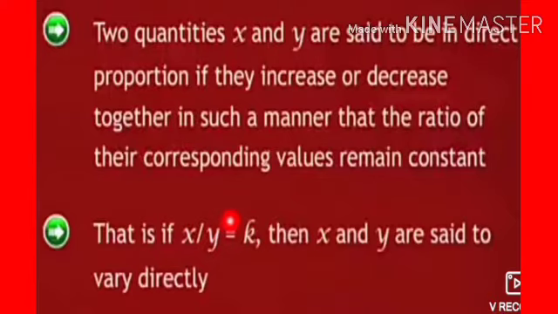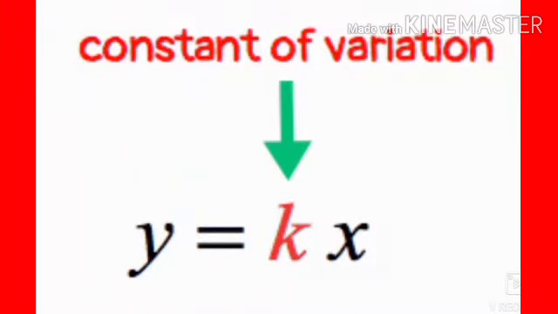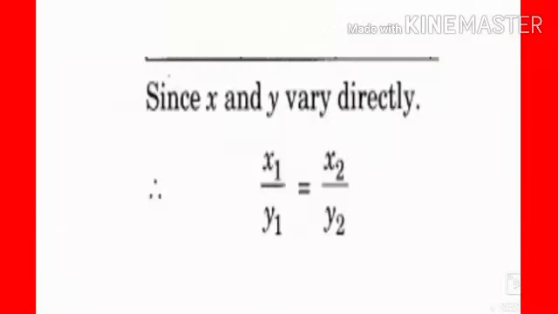That is, if x by y is equal to k, then x and y are said to vary directly, where k is a constant of variation, and the condition of x and y in direct proportion is x1 by y1 is equal to x2 by y2.